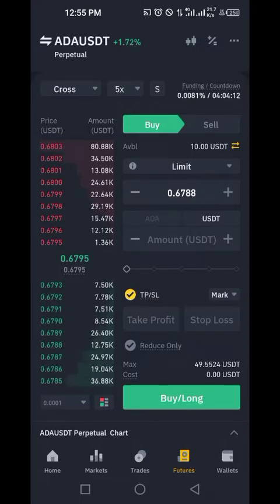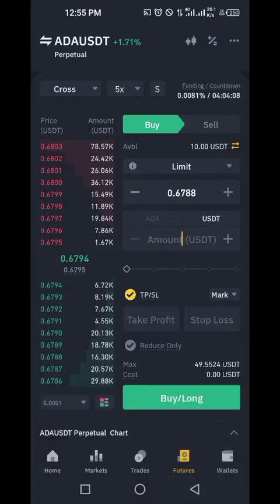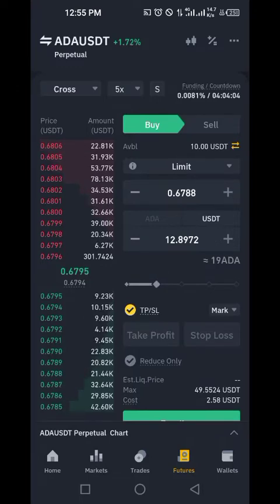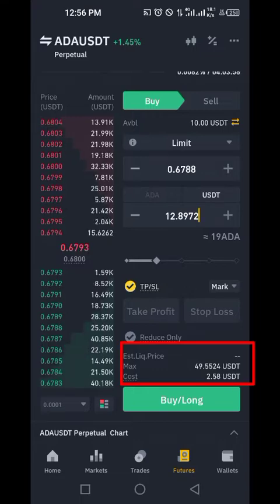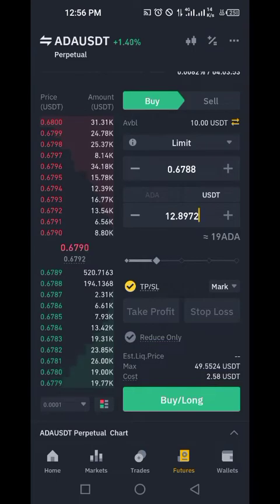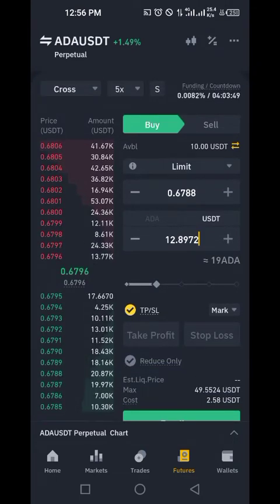Even if I select only, let me just see. Can you see now? When I select 12.8 USD, what it will cost me is 2.58 US dollars.